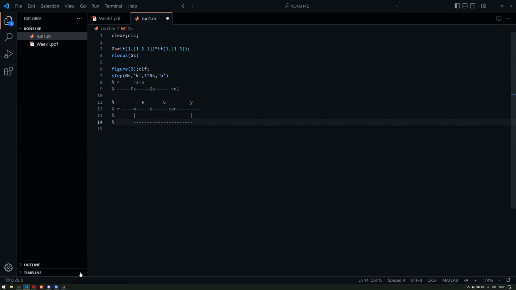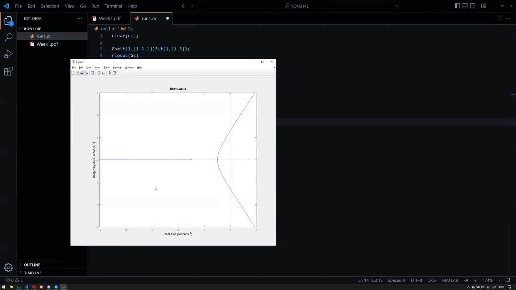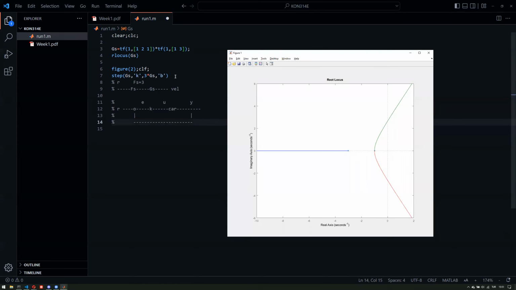Then the root locus basically just changes the gain over a certain interval and calculates the closed loop poles. Now you can see that we have a third order system in the open loop, and this coefficient does not really change it because we don't add any dynamics to it. So the order remains the same.